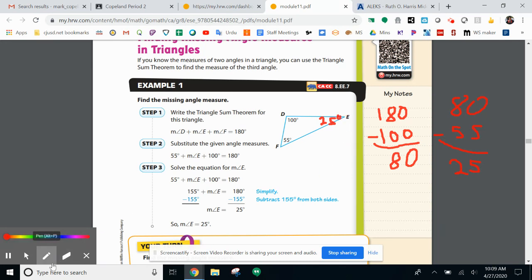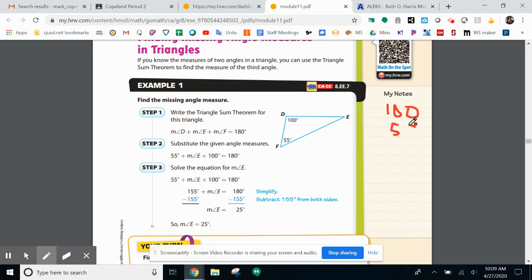Now, if you wanted to, you could do it a little bit different. You could add these two angles together, 100 and 55. And if we add those together, that makes 155. And now we'll take this number and subtract it from 180.